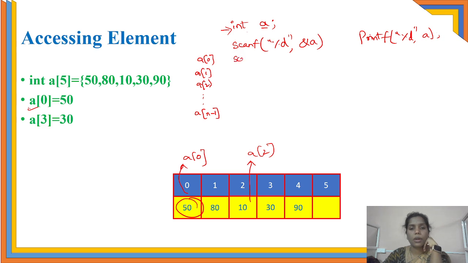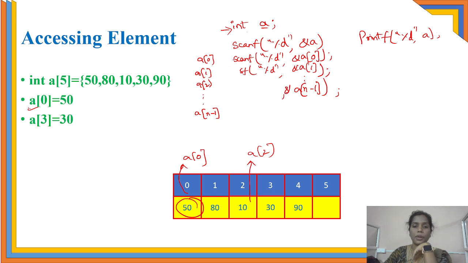So you would need to write scanf percent d and a of 0, and a of 1, like this, up to a of n minus 1. You need to repeat the scanf from a of 0 to a of n minus 1.